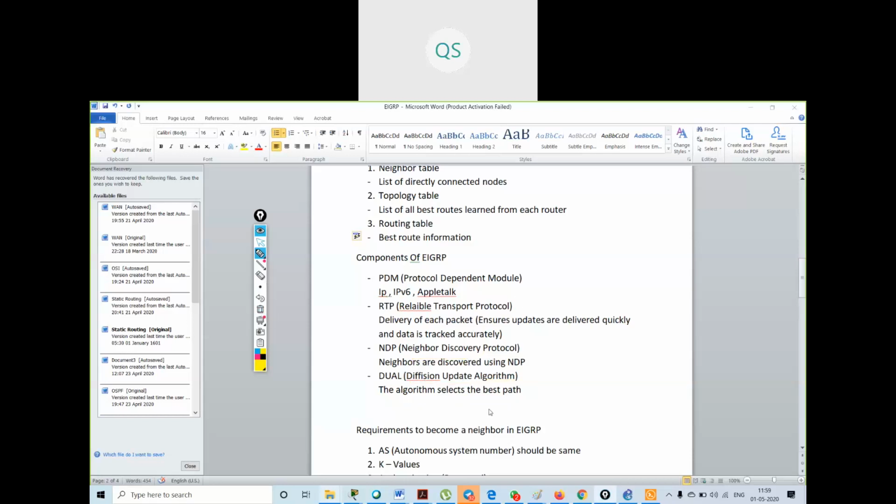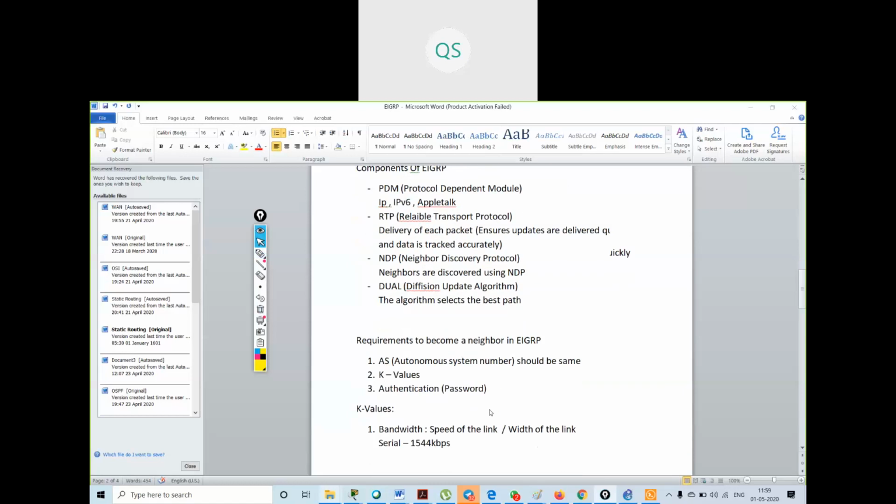Understood? Now, if someone wants to become a neighbor, there are some requirements. The first requirement is the AS number. What is AS number? If you remember, I gave the command router EIGRP 100. This 100 is my AS number.